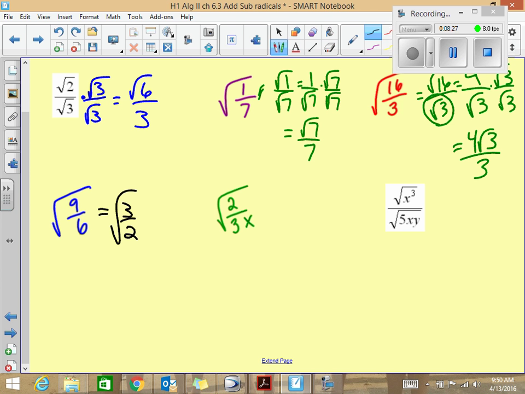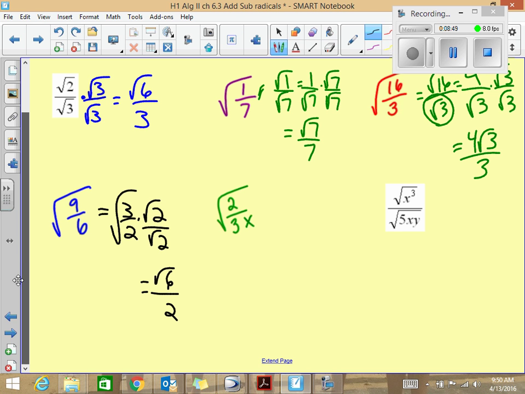Okay? And so now it's as simplified as it can get, but I have a radical on the bottom, right? So I would multiply top and bottom by radical 2. And I end up with radical 6 over 2. You just times on the cross, when they're both under radical.